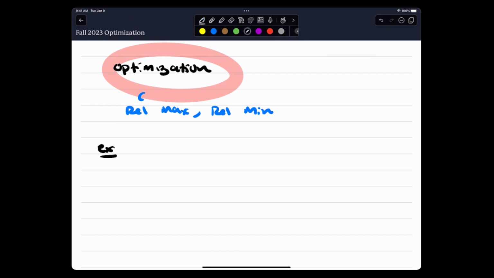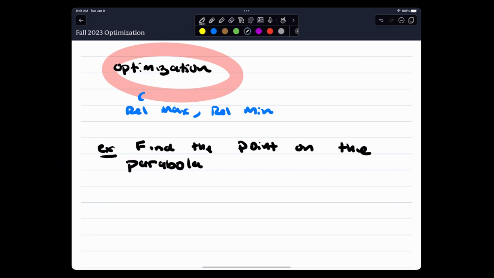For example, the first kind of most popular question they give you, there's a lot of different kind of popular questions. They might say, find the point on the parabola. Share with you guys an optimization.